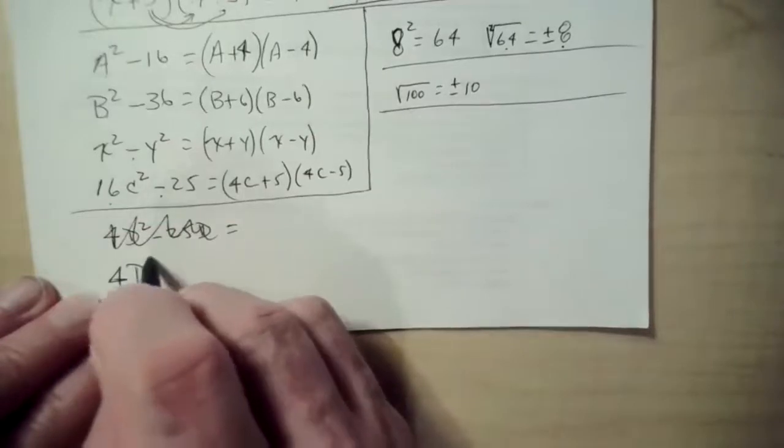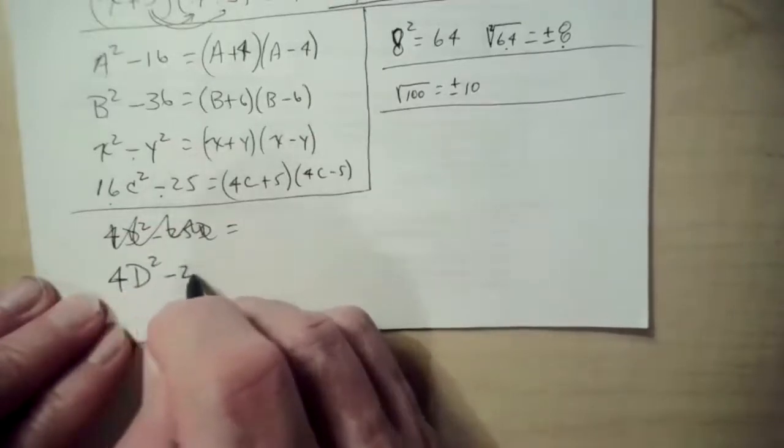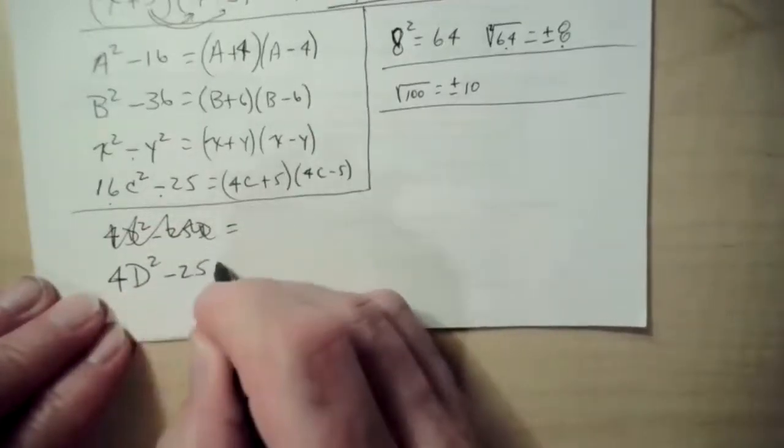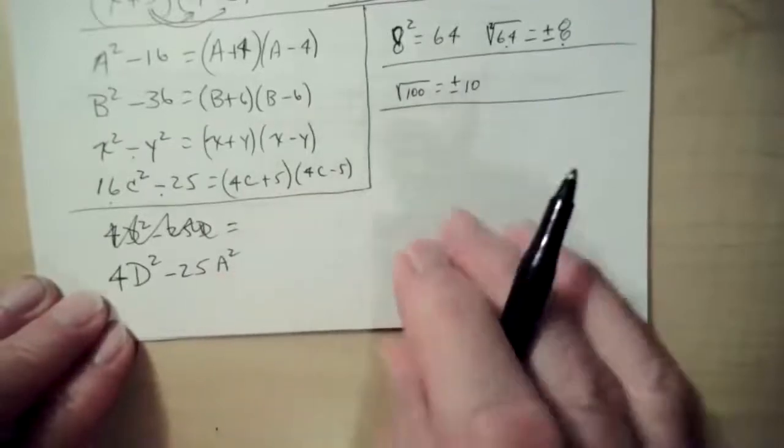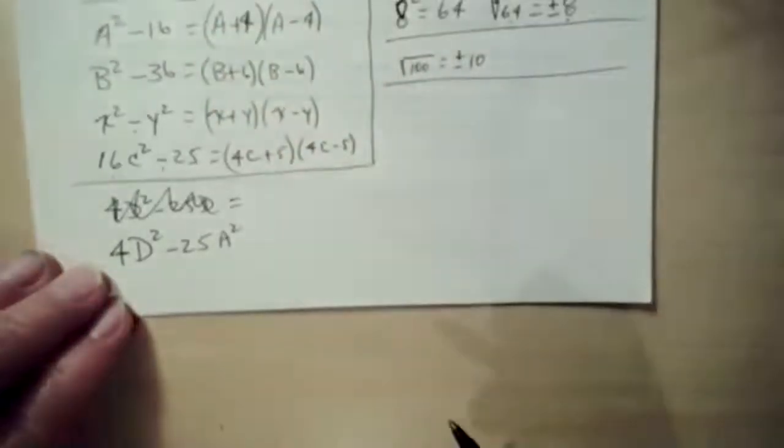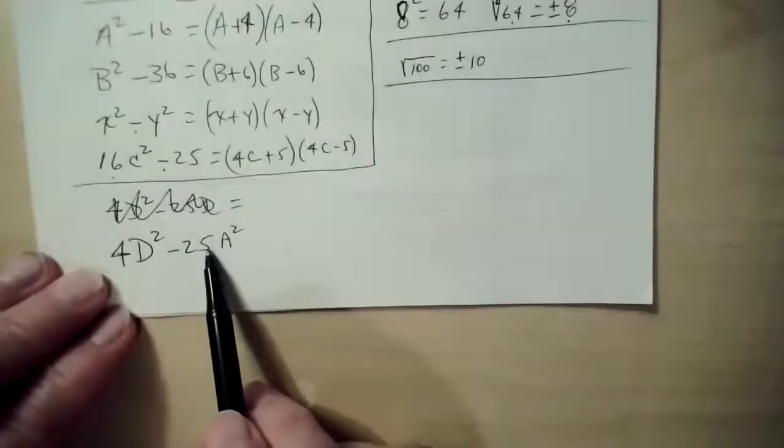Okay. What we have here, wait a minute, this is wrong. 4d squared minus 25a squared. If it's out of focus, tell me, because I do have a focusing thing on here. It should be fine now. Is this a conjugate?